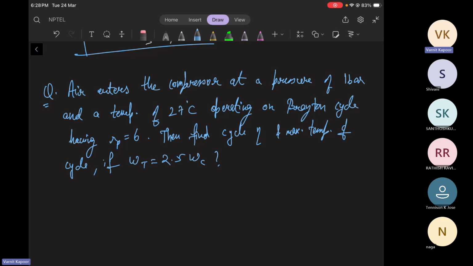Take a few minutes, understand the question, very simple question, and solve the numerical.